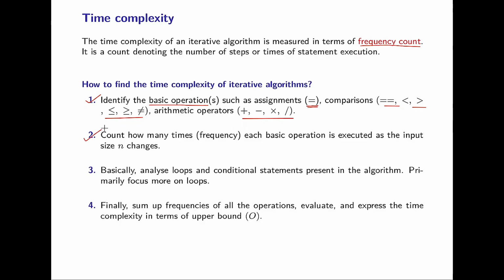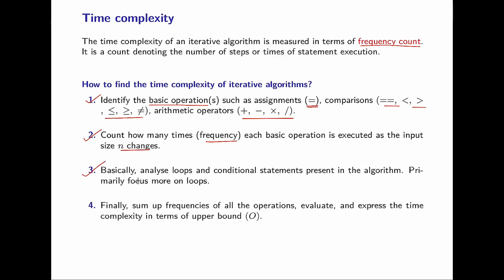And then we'll count how many times, that is the frequency we're talking about here in frequency count, each basic operation is executed as the input size n changes. Input size we will just denote by n, or think in terms of n.